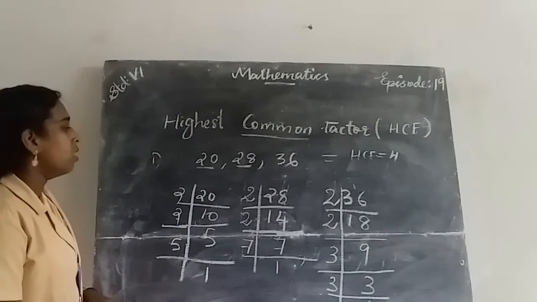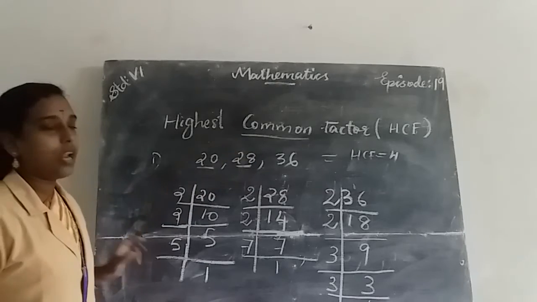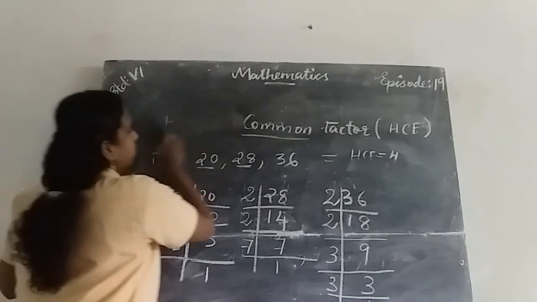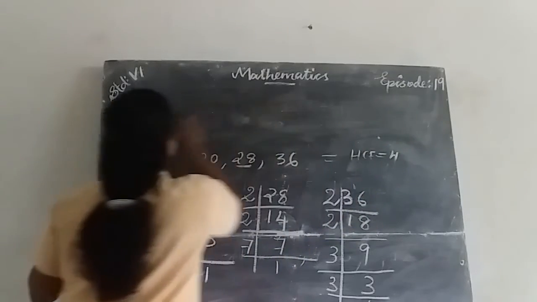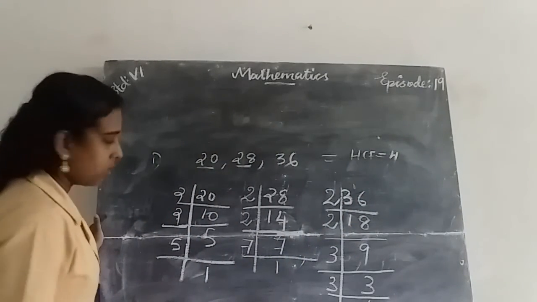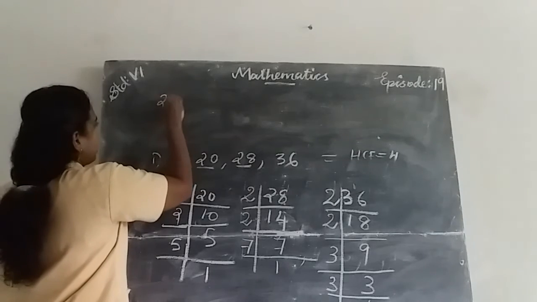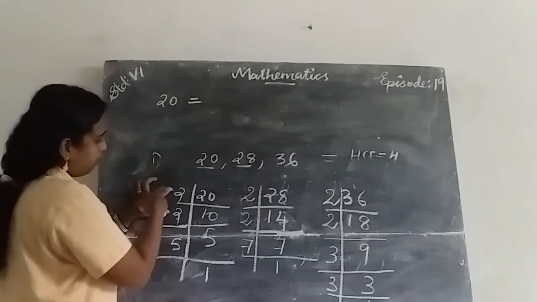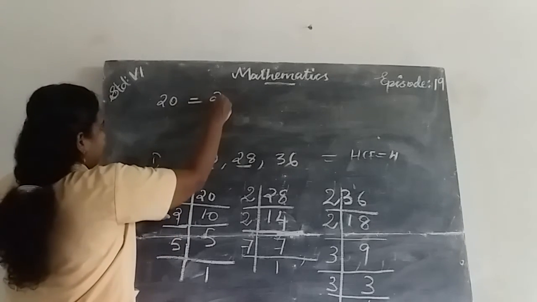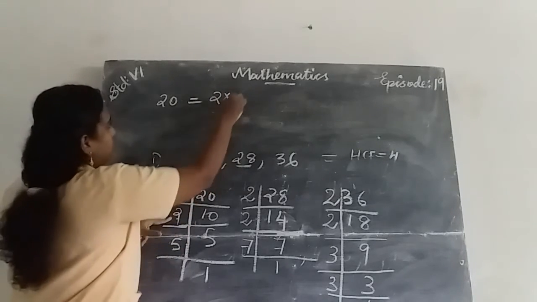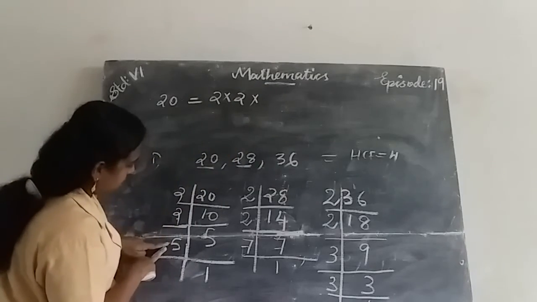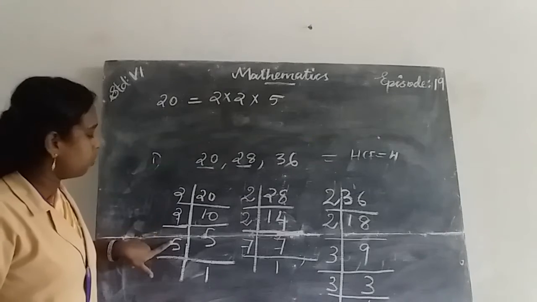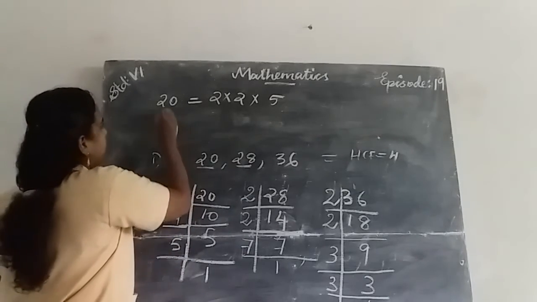So we take the prime factorization of each of the numbers. So the prime factorization of the first number 20 is, we take the product of the prime factors, that is 2 into 2 into 5. Then the next number is 28.